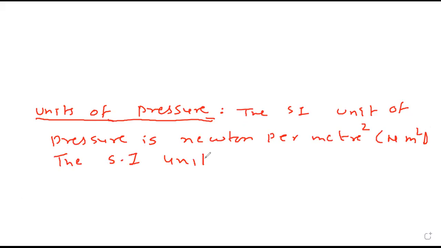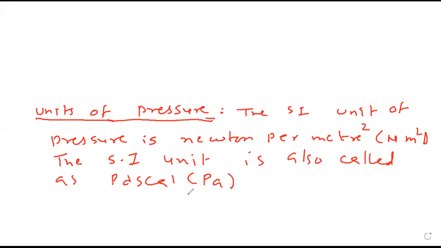The SI unit is also called Pascal. This was a scientist's name, Pascal, a French scientist. His name was Blaise Pascal. In short form it is written Pa.